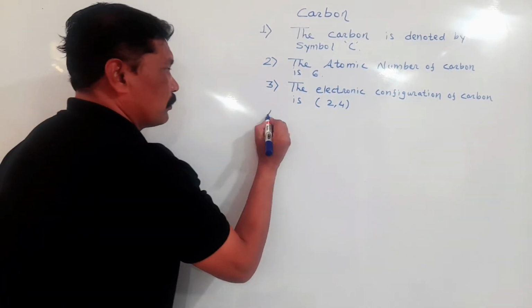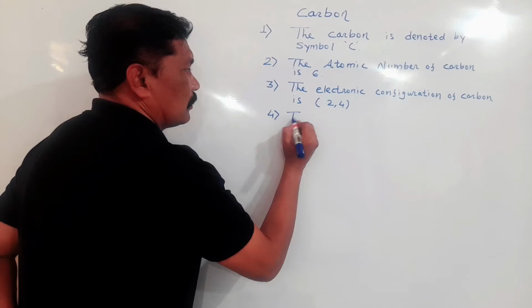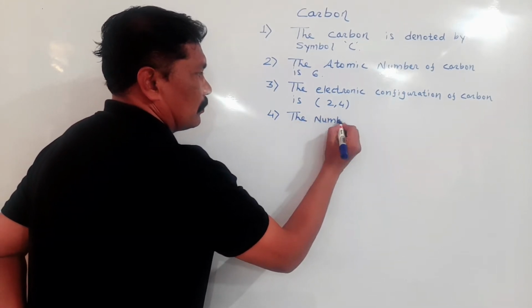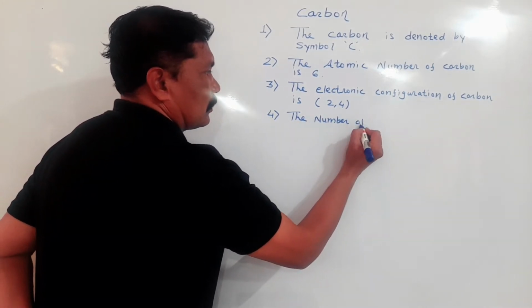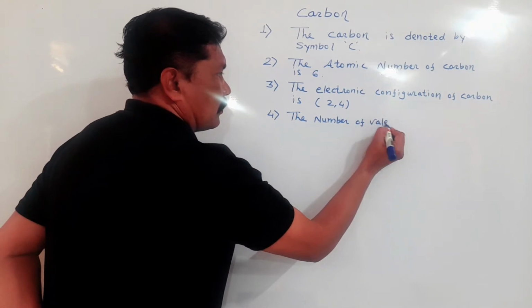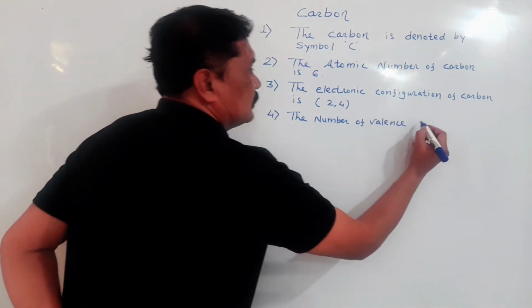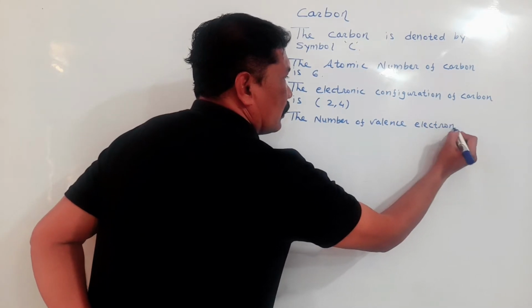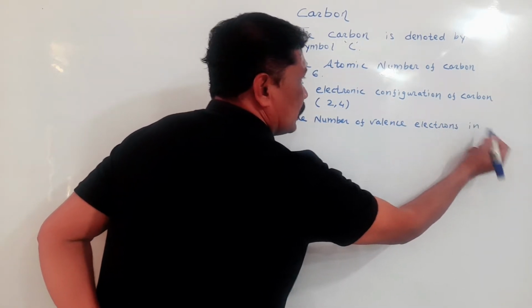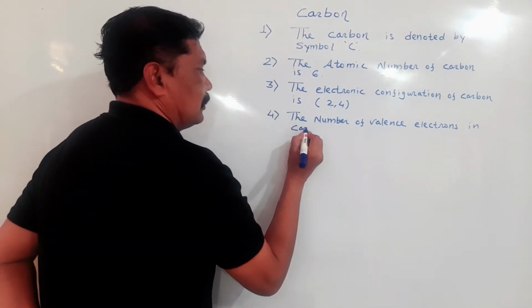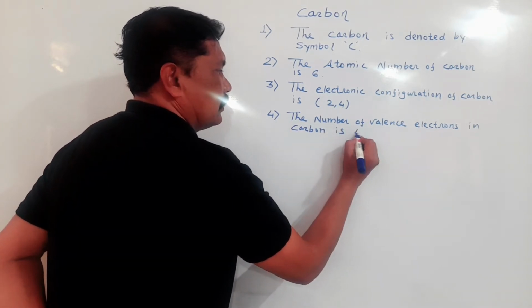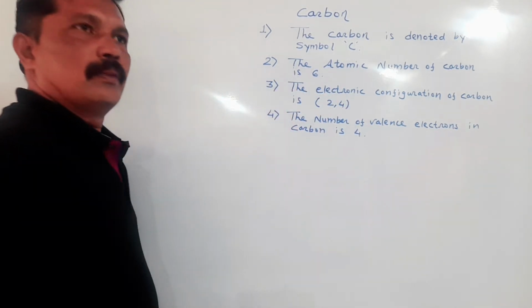The number of valence electrons in carbon is 4.